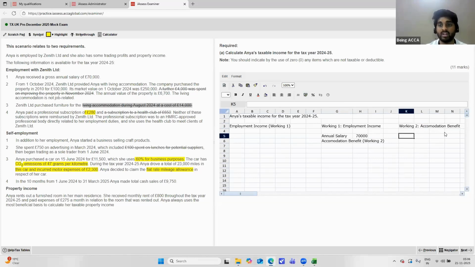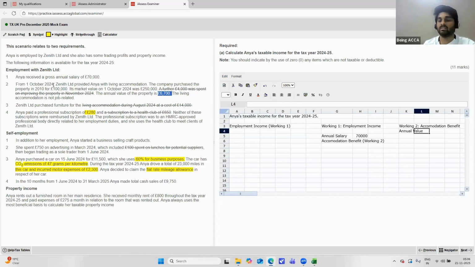First, we have the annual value. The annual value of the property is 6,700. But was the property being provided to Anya for the entire year? No, it was not. It was only provided from 1st October 2024. That means from 1st October 24 all the way until 5th April 2025, it is only being provided for a total of 6 months.